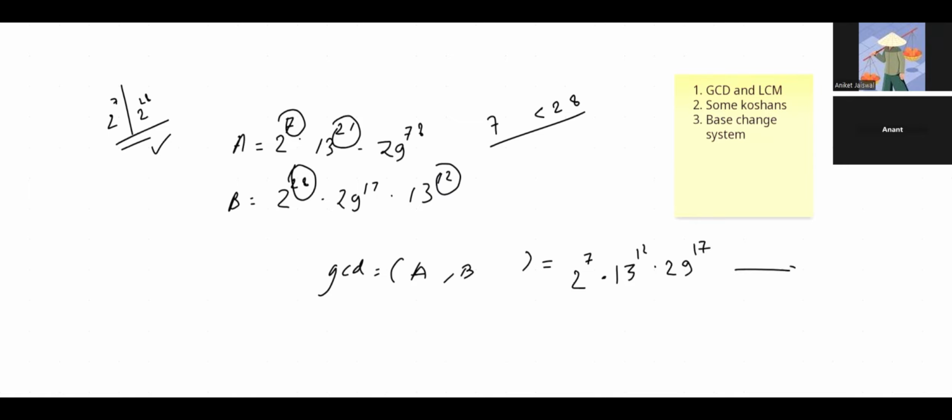So Anant, it's a discussion. What do you think GCD is intuitively? The first thing is that it has to be a common divisor of any numbers. Not just A and B, we can take A, B, C, D and so on till infinity.